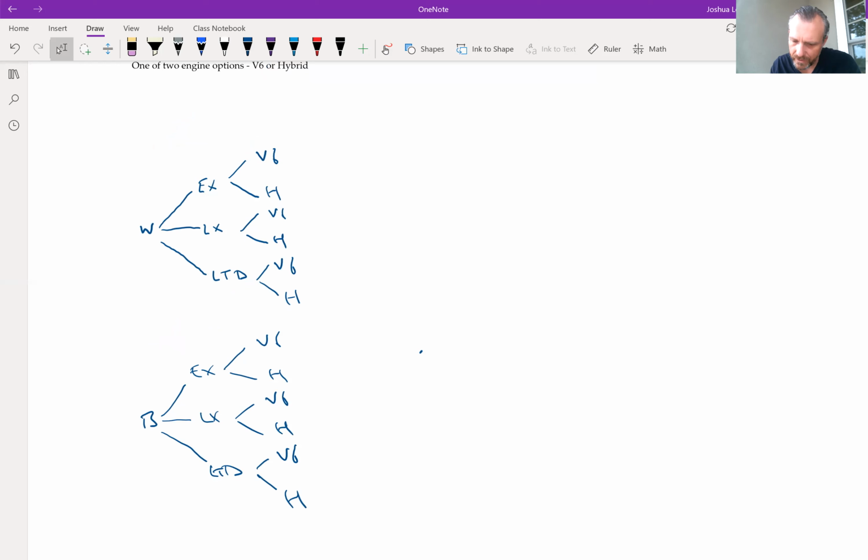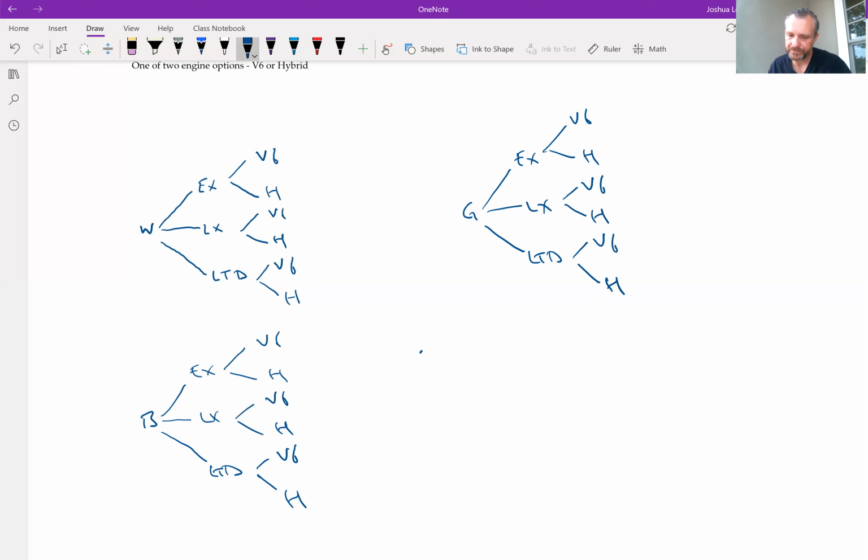I could say, okay, well, what if I have green? Well, for green, again, I could have the EX, the LX, the LTD. And for each of these choices, V6 or hybrid. And then lastly, what's my last color choice?